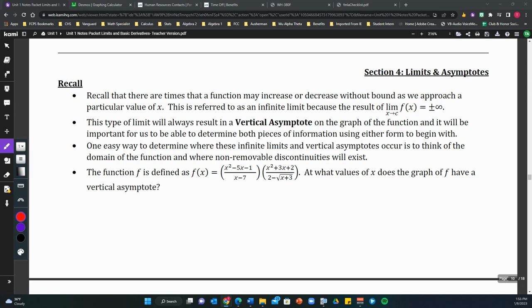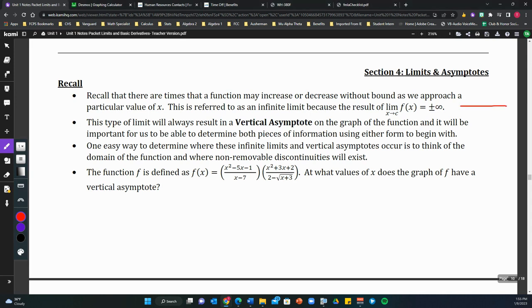So if you recall, there are times that a function may increase or decrease without bound as we approach a particular value of x. This is referred to as an infinite limit because the result of the limit as x approaches c of f of x equals plus or minus infinity.